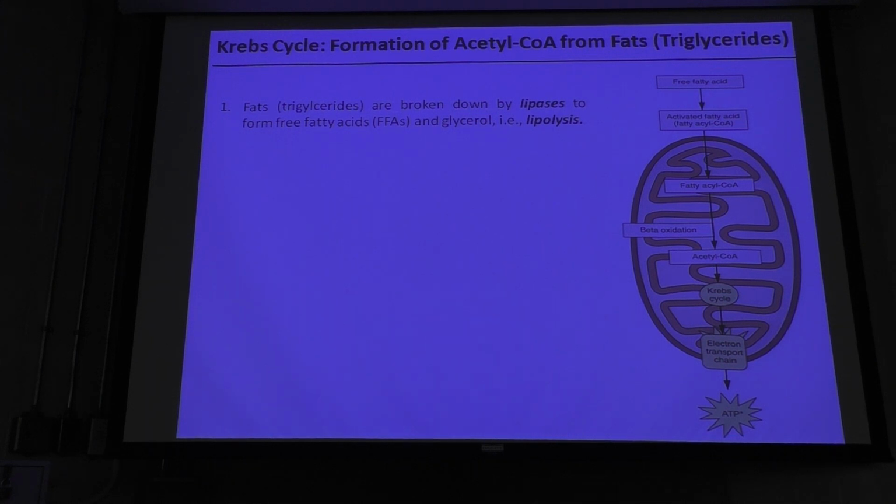Again, there's various forms of lipases, so hormone-sensitive lipase, lipoprotein lipase, but there are these fat-specific enzymes that will break down these triglycerides in the blood and different muscle tissues and different body tissues to ultimately form these free fatty acids. So these fatty acids will be produced.